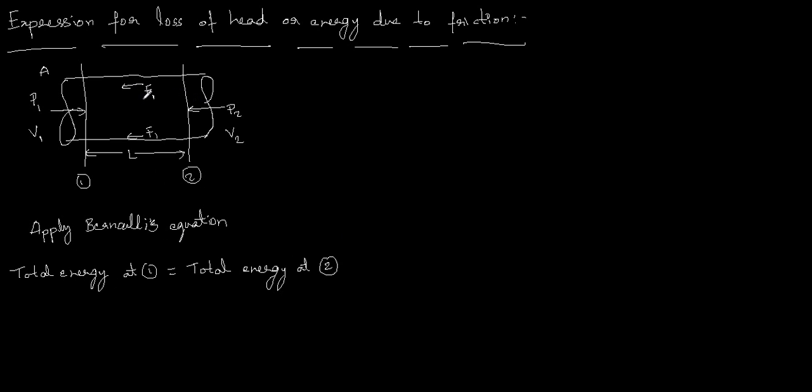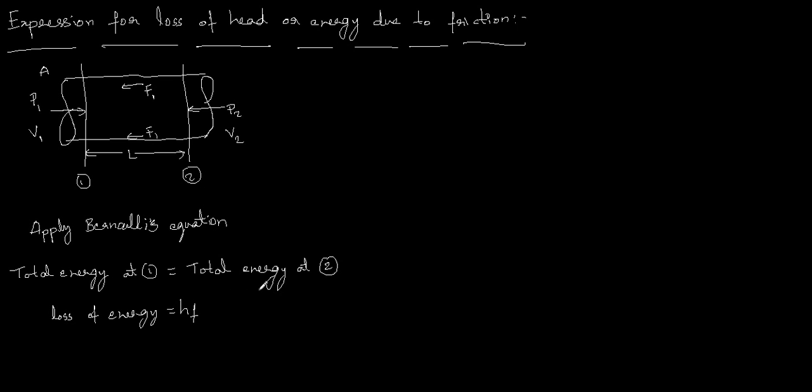When there is no loss taking place, that holds, but here the loss of energy is taking place due to friction. That loss of energy I want to assume as HF. So the energy available at section 1 cannot be equal to the energy available at section 2, because of this much energy loss in the form of head.